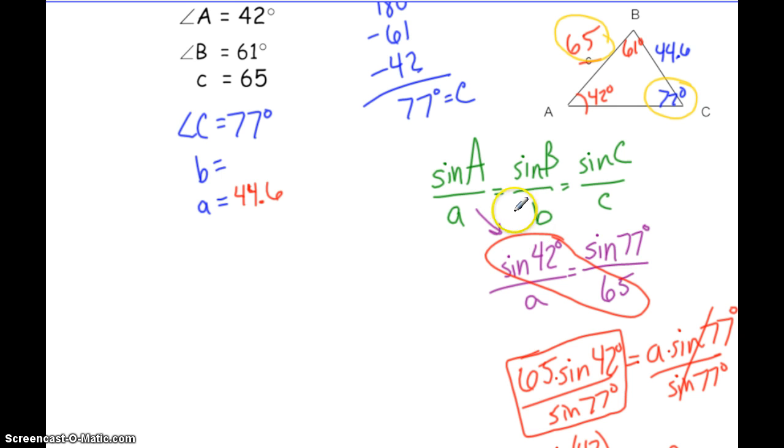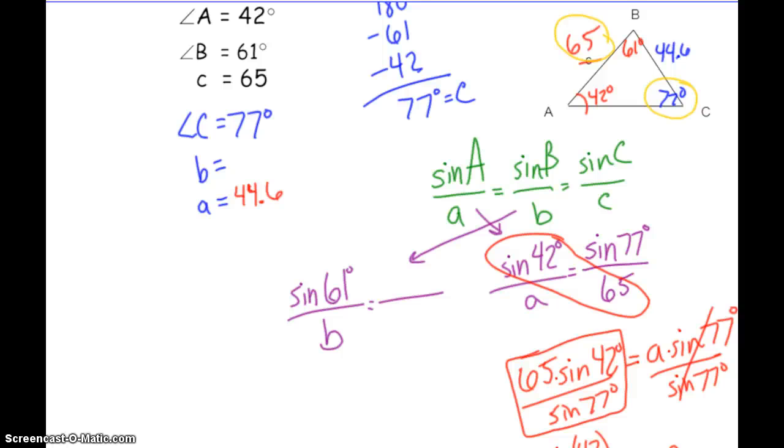This time, I'm going to use my ratio with B: sine of 61 over B. And again, I'm going to make another note for you here. While we know A, because I just did it, I could do sine 42 over that value I have for A, 44.6. But again, I rounded 44.6.